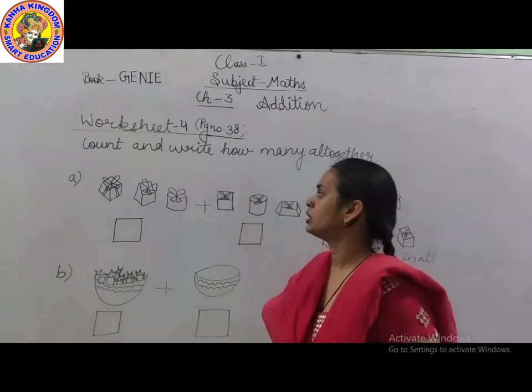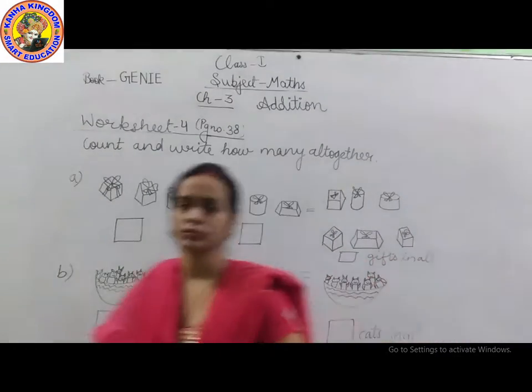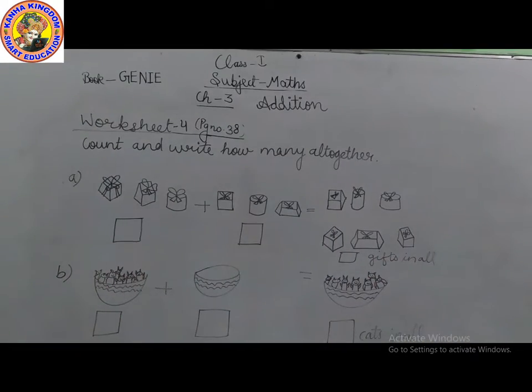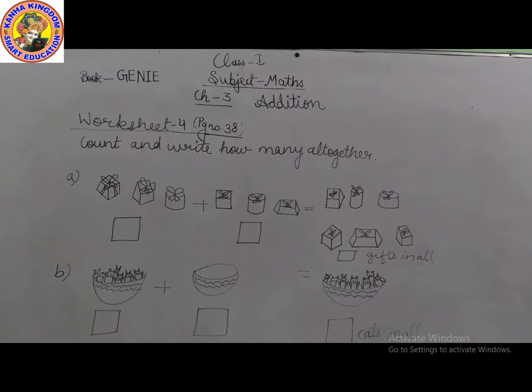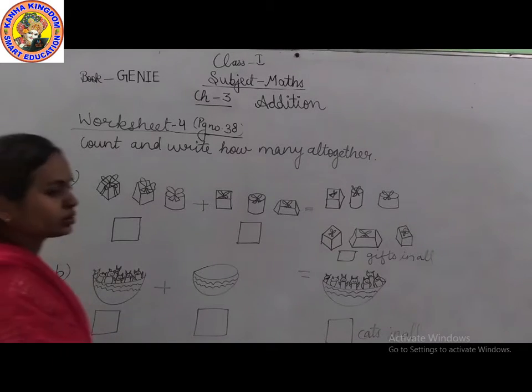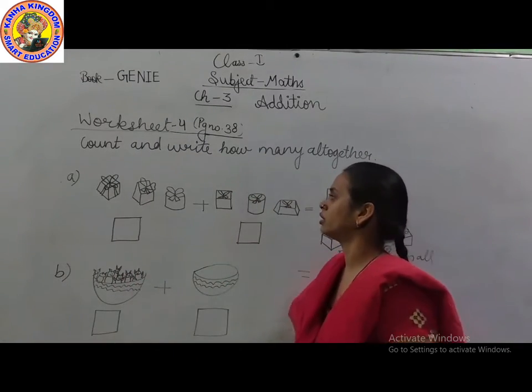So count 1, 2, 3. So count and write how many altogether.